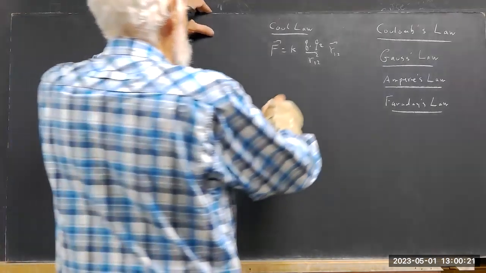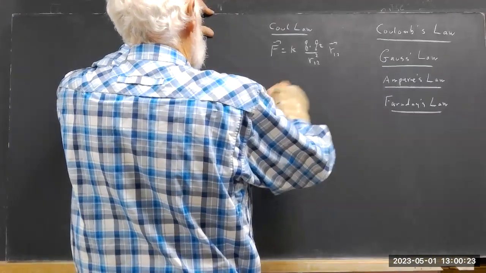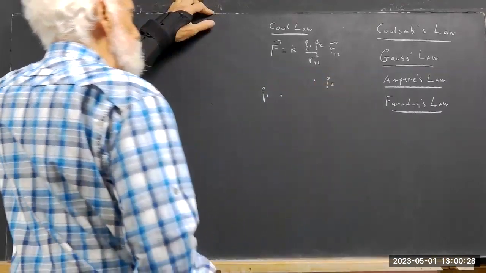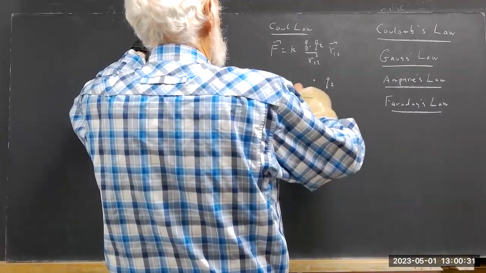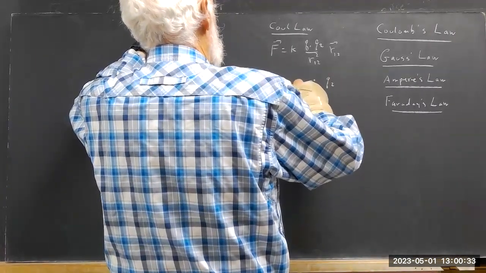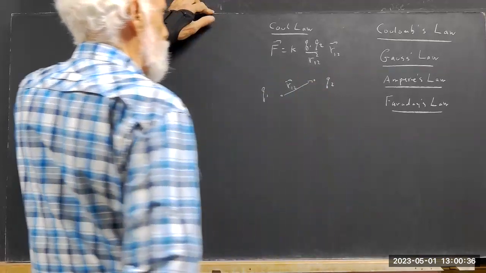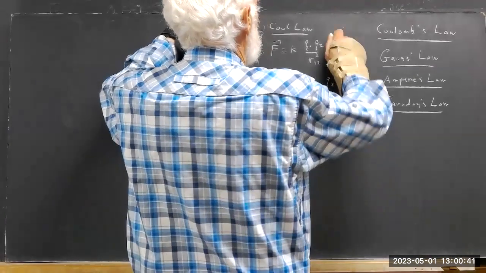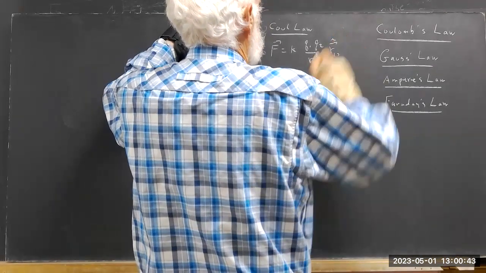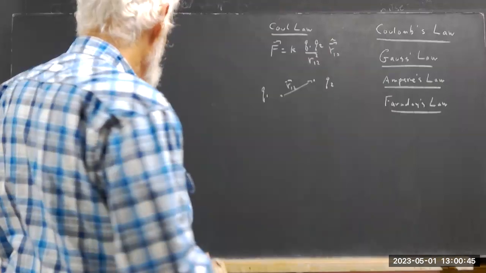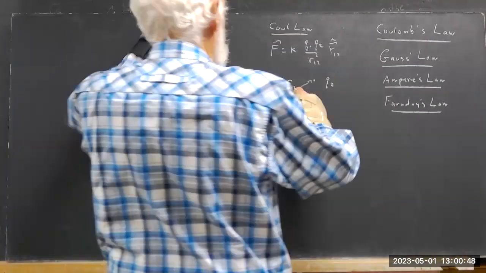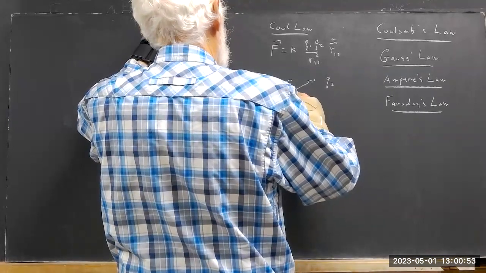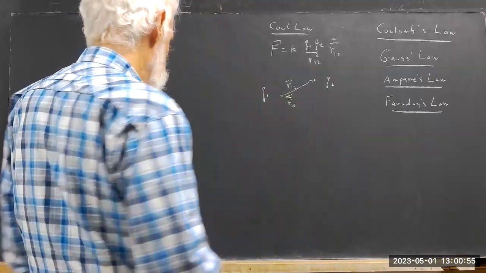And your picture goes with that if you've got Q1, Q2. There's your R12 vector, and R12 hat, meaning a unit vector in the direction of R12.